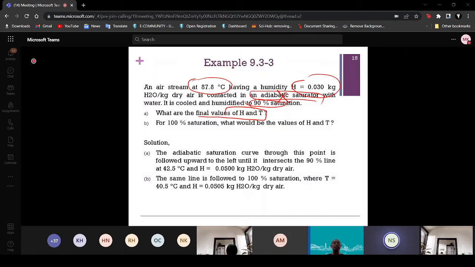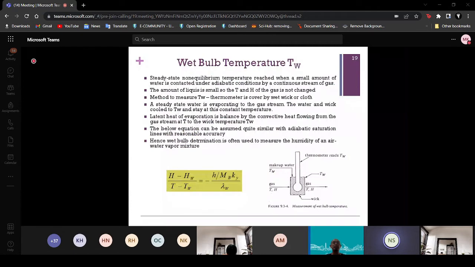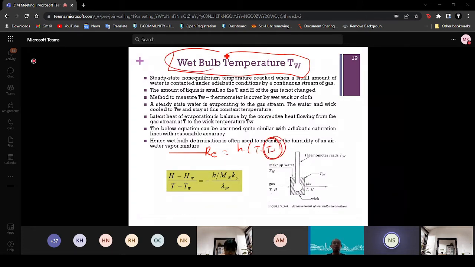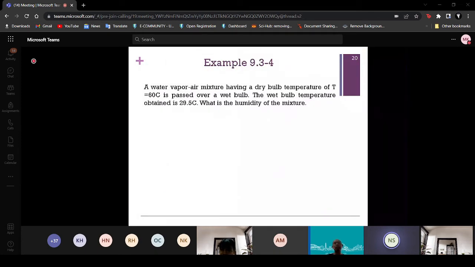Okay, and another one: this is wet bulb temperature. Remember in the constant rate period you have Rc equal to h(T minus T wet bulb). Now we want to get this T wet bulb. So how do we get it? T wet bulb basically uses the same method, the adiabatic saturation curve line.